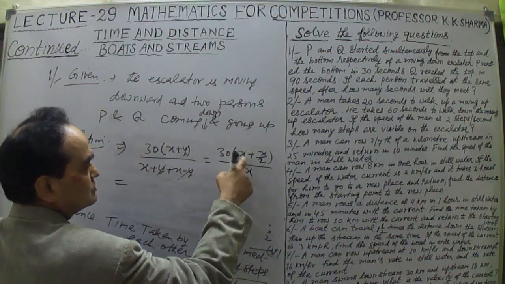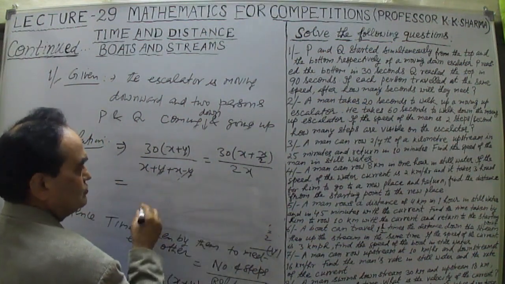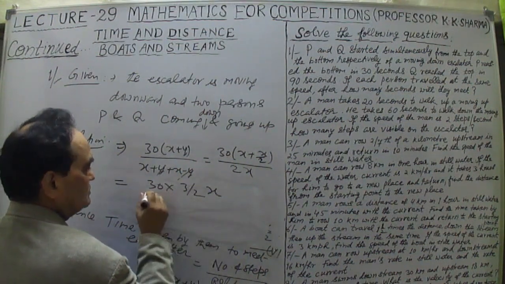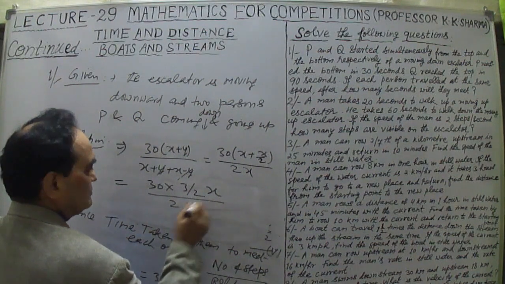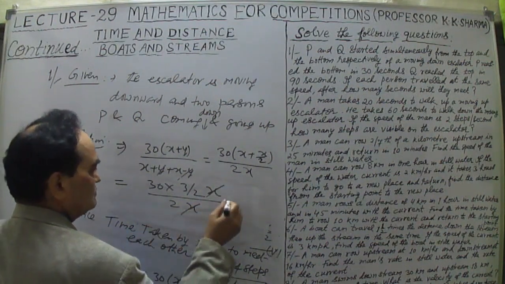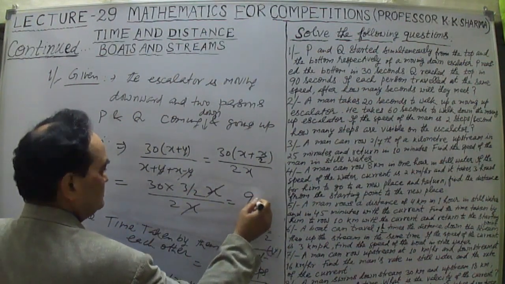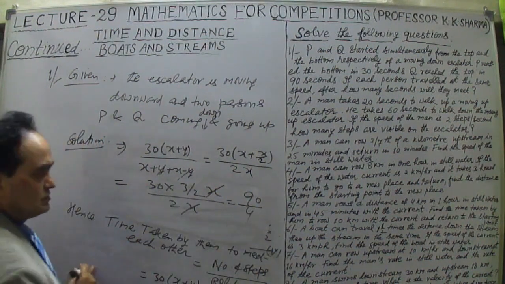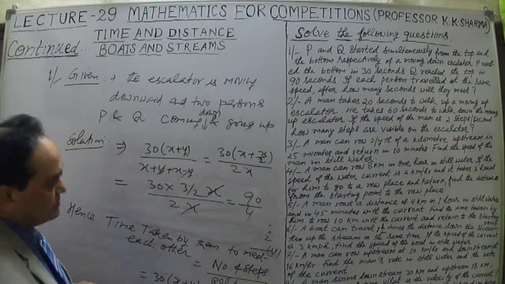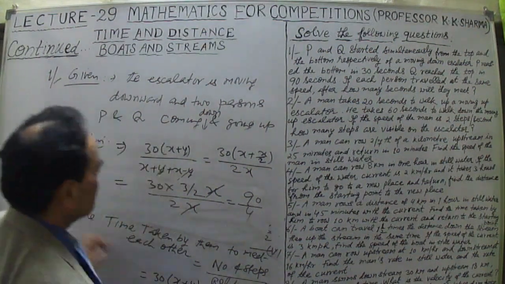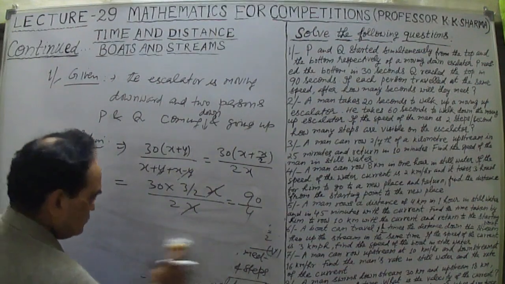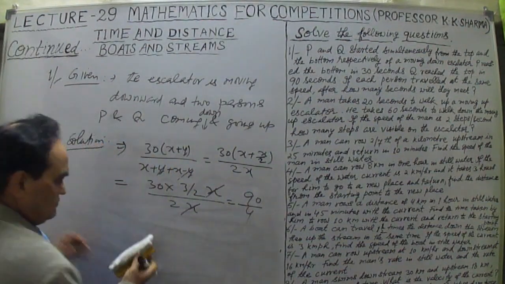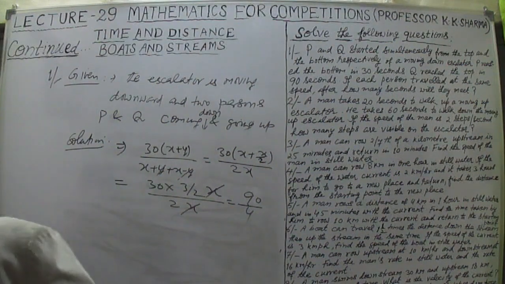This is 3 by 2, because 1 plus 1 by 2 is 3 by 2. So 30 into 3 by 2 into x divided by 2x, x cancelled out. It will be 90 divided by 2 times 2. So this is the time taken, this many seconds, to meet each other. What is the time? Let me find out after division.